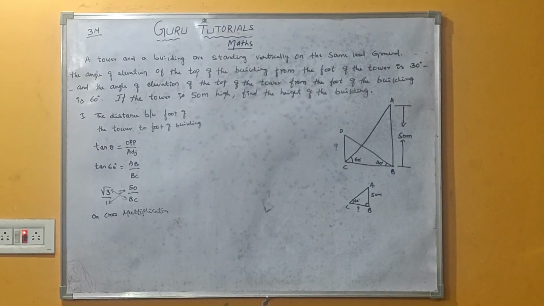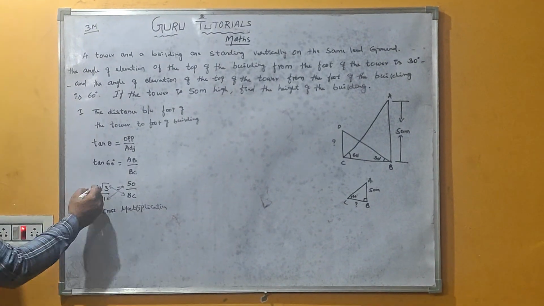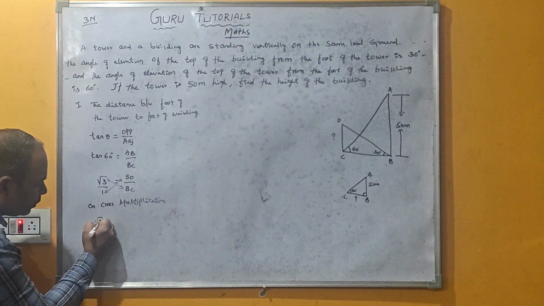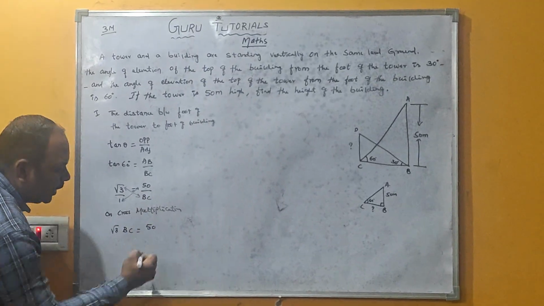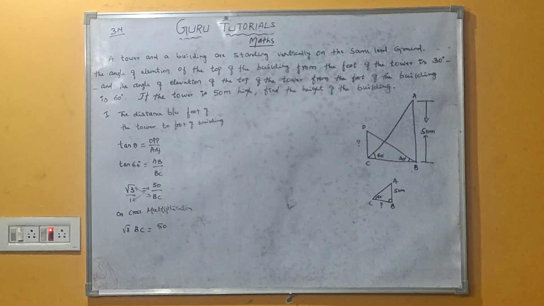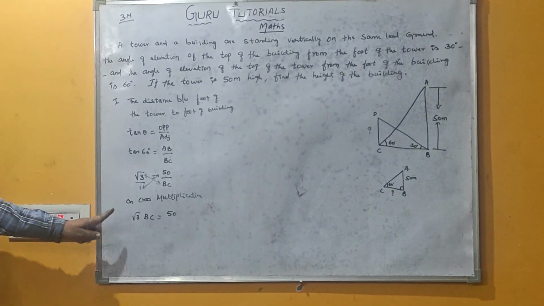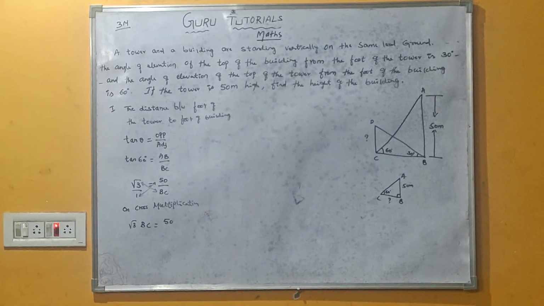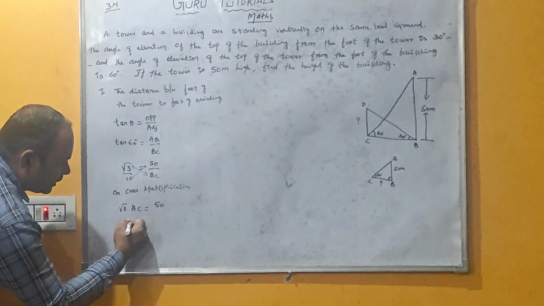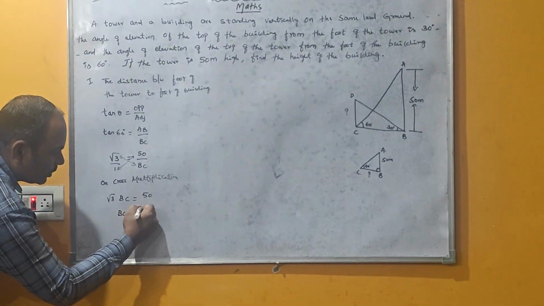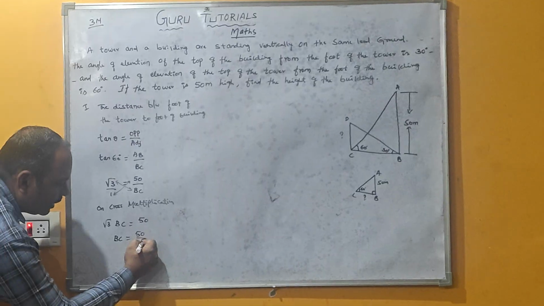So root 3 into BC, root 3 BC is equal to 50 ones are 50. I need the value of BC. In between root 3 and BC, what is the sign? Multiplication. Root 3 will go to the other side. BC is equal to 50 divided by root 3.